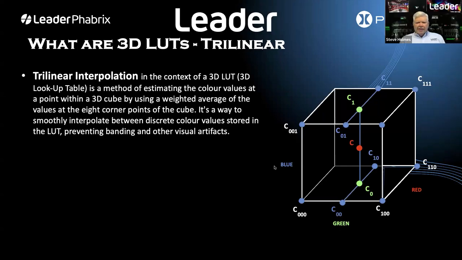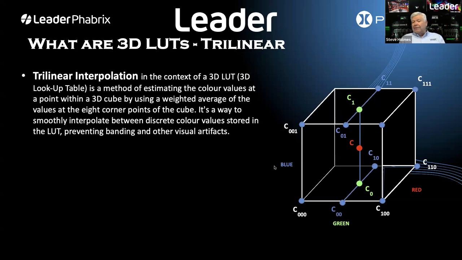Trilinear is just trying to fill those points without looking at the data from the other channels. It's just going to take that green channel and try to smooth out the points and work out some of the spots that are missing in between. It's not a volumetric interpolation, if you will.